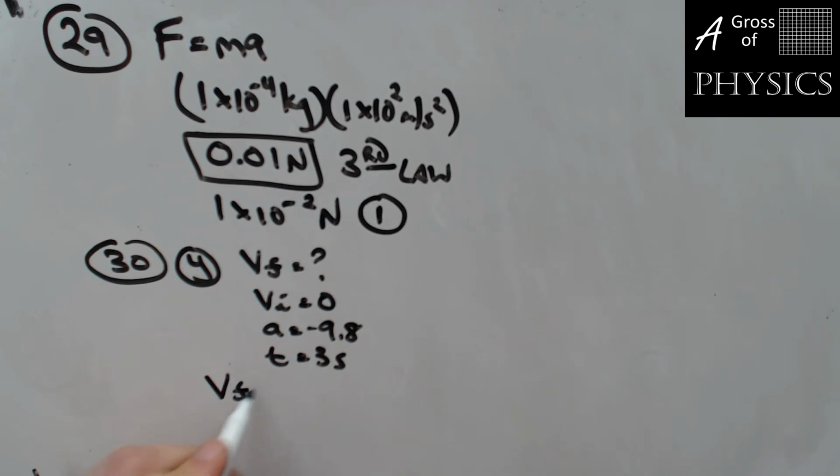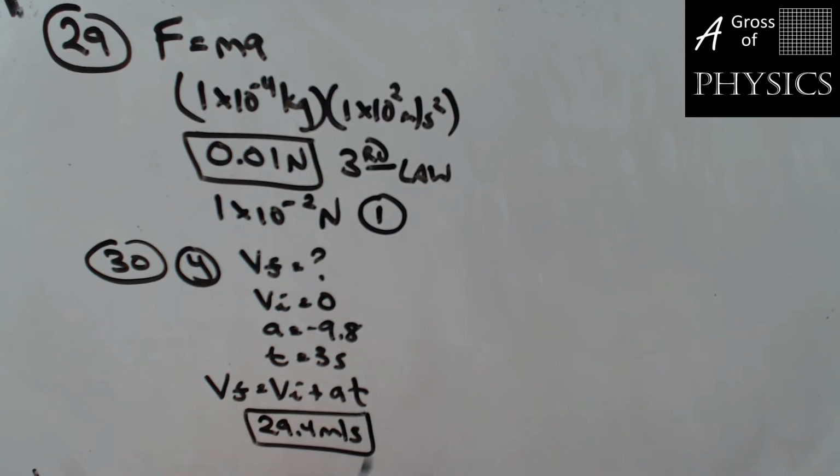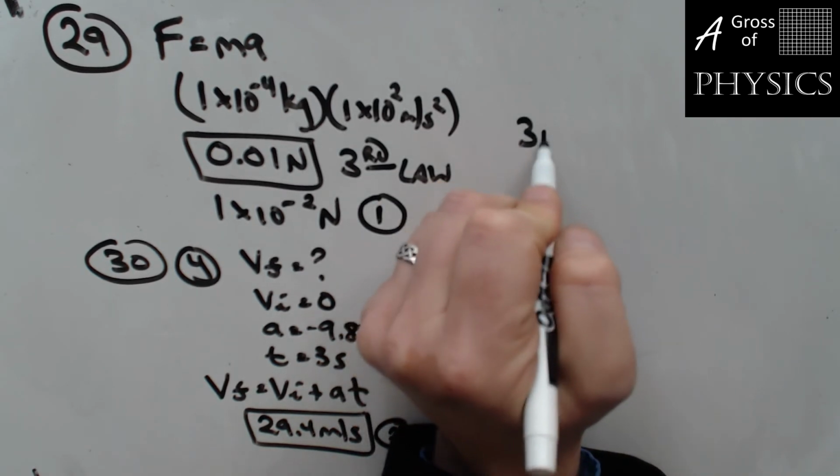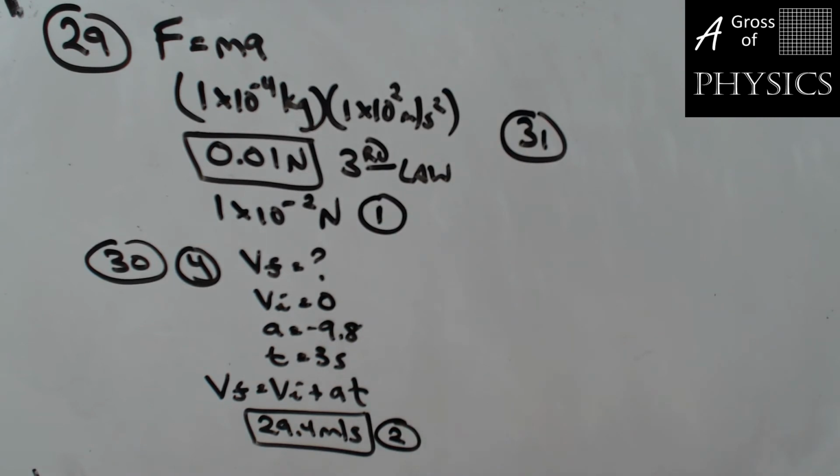So Vf equals Vi plus at. 9.8 times 3 is 29.4 meters per second. Velocity would be negative, but it asks for speed. So 29.4.